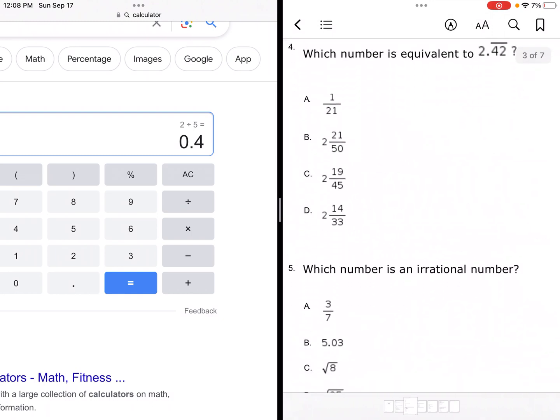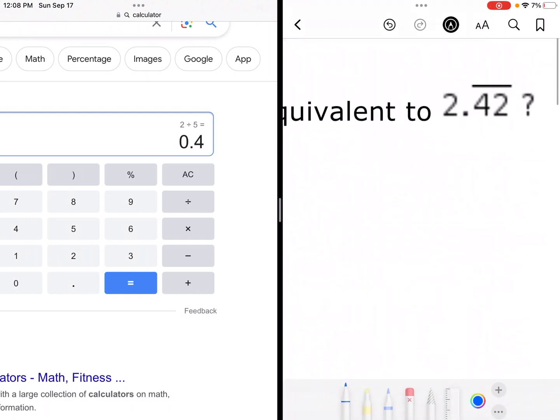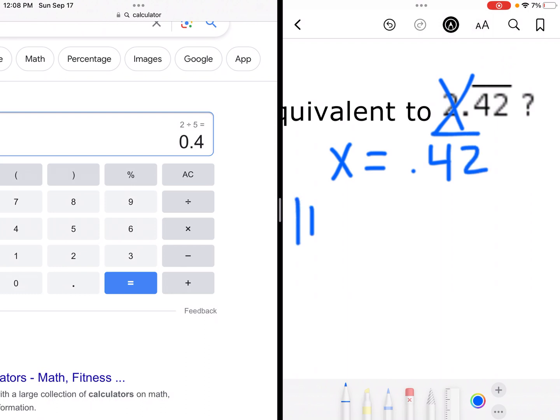All right, which number is equivalent? So I'm going to cross off this part for right now, and I'm going to come back to it. So I have x equals 0.42 repeating. So I know that 100x, because I always do based on the number of numbers underneath the line, is equal to 42.42 repeating.